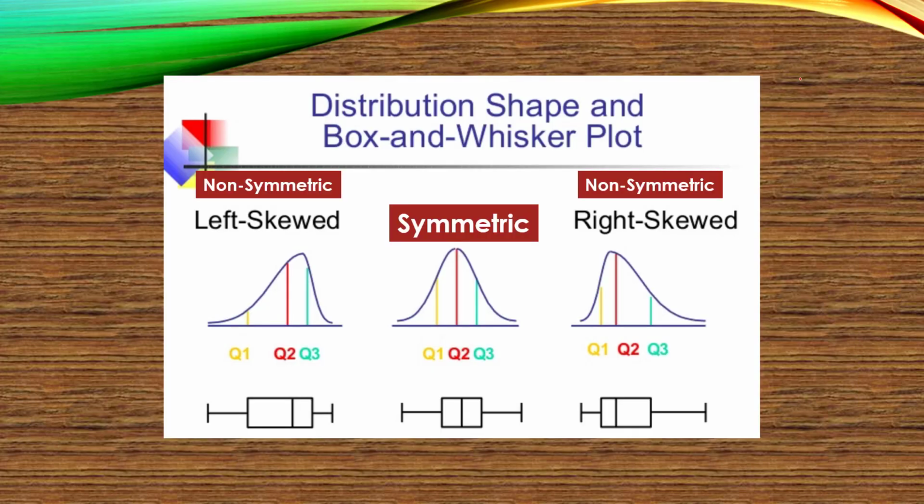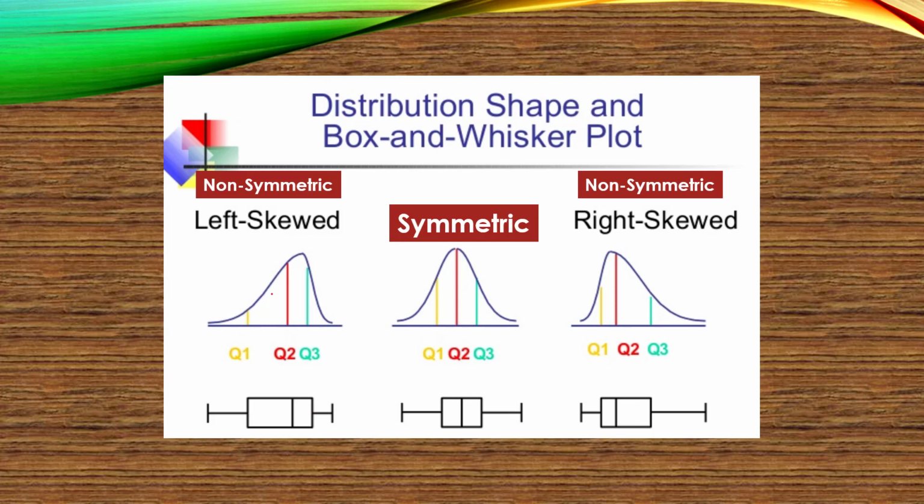Distribution shape and box and whisker plots. Now, distribution shape, we talked a little bit previously about skewed left, skewed right, and symmetric data. We are going to look at that more when we get into histograms, but I want to just be able to show you some similarities between the curves and the box and whiskers.